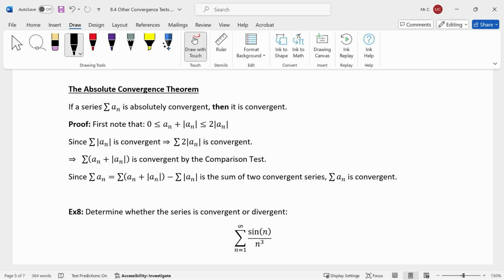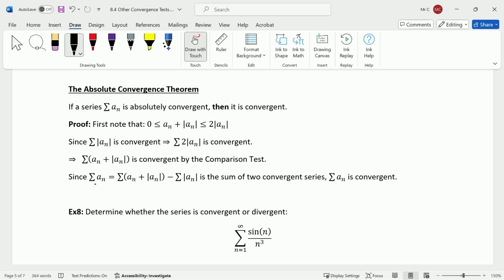Since we're assuming that the series converges absolutely, then a constant multiple of the series is also convergent, and therefore the series of a sub n plus the absolute value of a sub n is convergent by the comparison test.